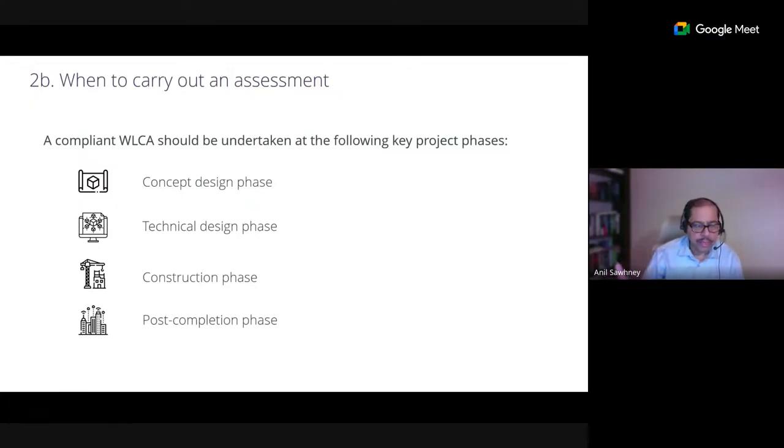Then you should repeat it at the construction phase and then post-completion phase. Varying degree of information is going to be available to you, but post-completion phase, one major difference is you should use metered information for your B6 and B7. So the energy use, water use should be from your meters. In the concept, technical, and construction, you can use your energy models.